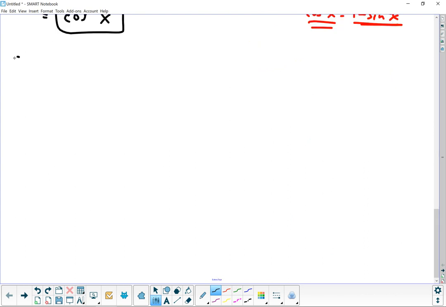Okay, 57. We get sine 4 of x minus cosine 4 of x. Okay, this comes down to, well, let's see what it looks like. This is the same as x to the fourth minus, and that cosine is a different function, so we have to call it y to the fourth.